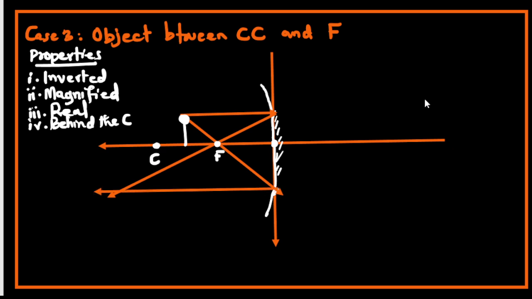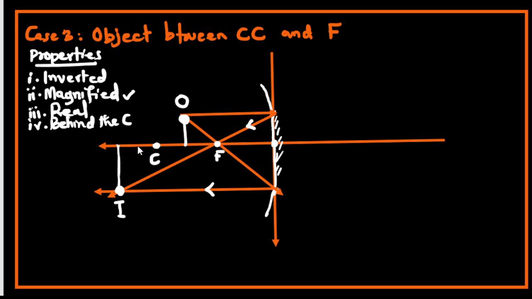So from what you can see, this point is the point of meet of the two reflected rays, this one here and the one here. So leading us to conclude that the image is formed here. Now based on what you can see, a bigger image compared to the object. So that ticks the box of what?